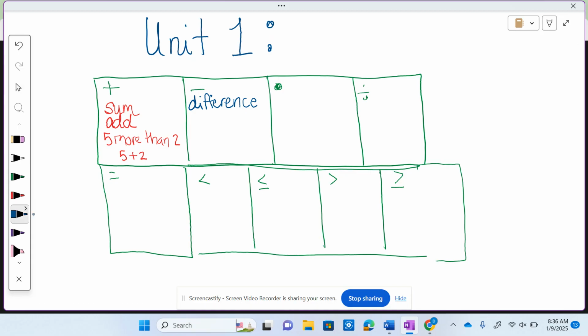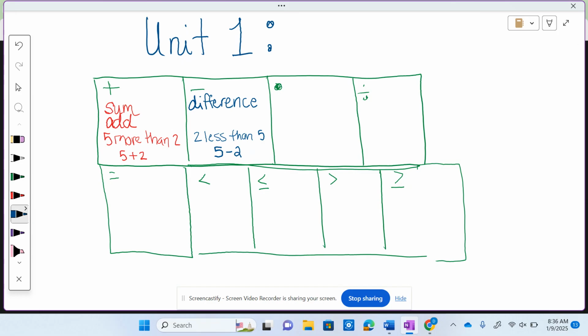And I'm going to give you an example. 2 less than 5. Less than is one of those flip words, right? It means 5 minus 2. Less than is a turnaround word, right? I think those are good.